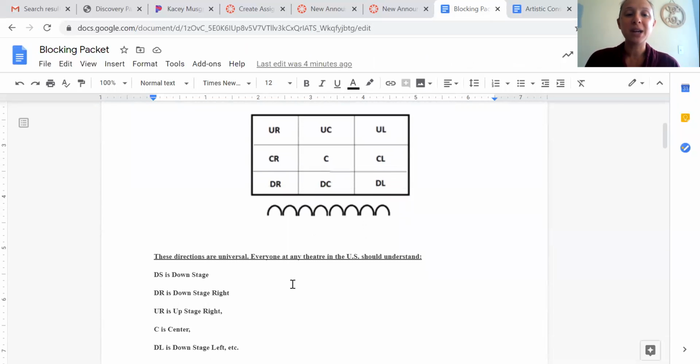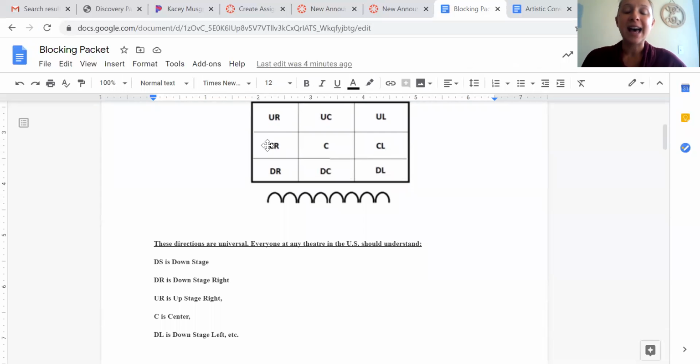Something I want you to notice is that whoever made this diagram, it must have been some kind of director, they didn't write out center stage in the full term. They just shortened it with C, right? Same with down center, because that takes a while to write down and can get annoying, especially if you have to write it a whole lot. So what you're going to do is shorten these terms the way they did it here.